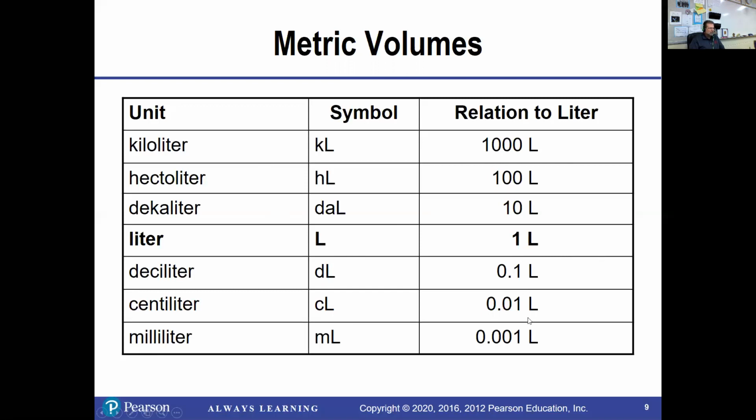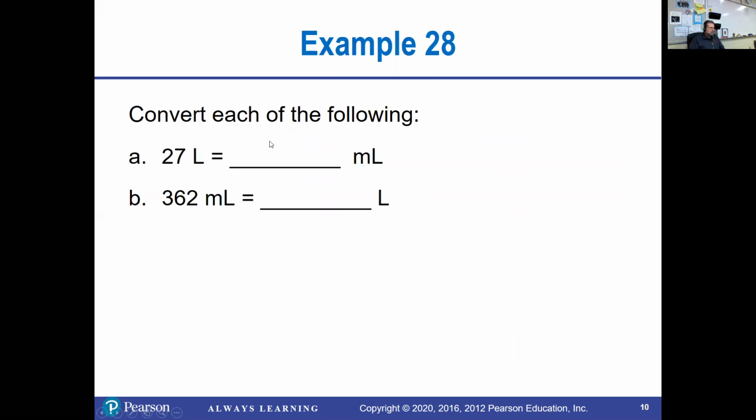1 liter would be, if I go down, a milliliter is 0.001, so it's 3 decimal places. So remember, if I was going from liters to milliliters, I would move it to the right. If I go from liters to kiloliters, I move it to the left if I'm converting. Okay, so liters to milliliters, that's converting.